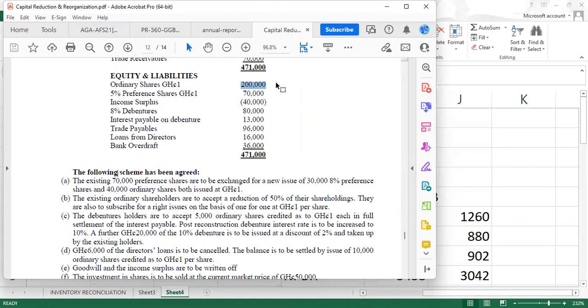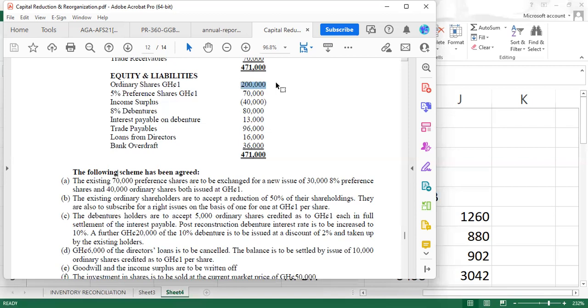So this has nothing to do with the capital reduction account. This transaction is between cash and ordinary shares. They are issuing new shares and they will pay cash for it. And this issue will be based on the existing shares, not the new 100,000 shares.